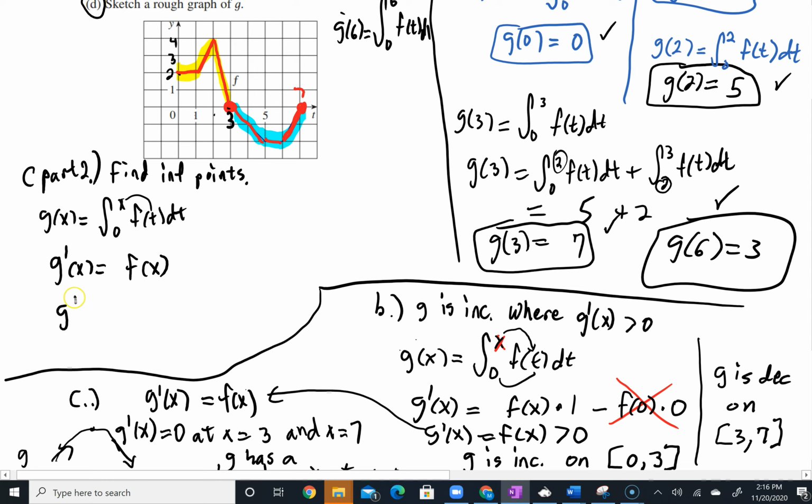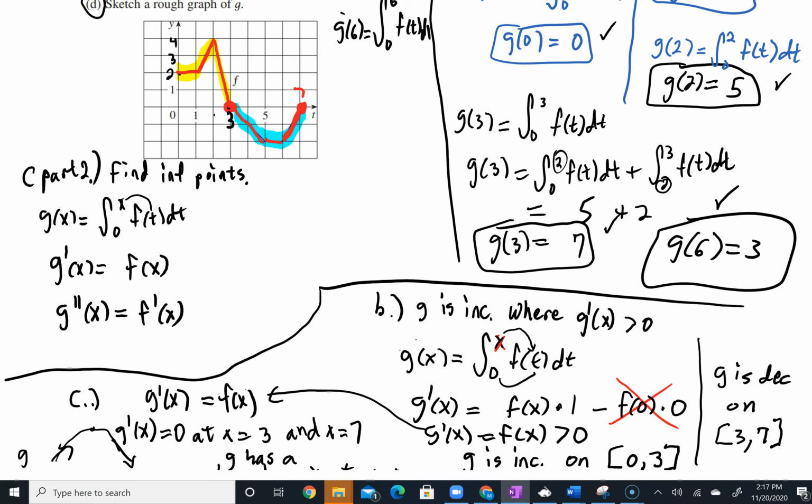And then what? G double prime of x is equal to f prime of x. So if I'm going to look at where g double prime is 0 or where g double prime is undefined, wow, that gets to be kind of interesting, doesn't it?